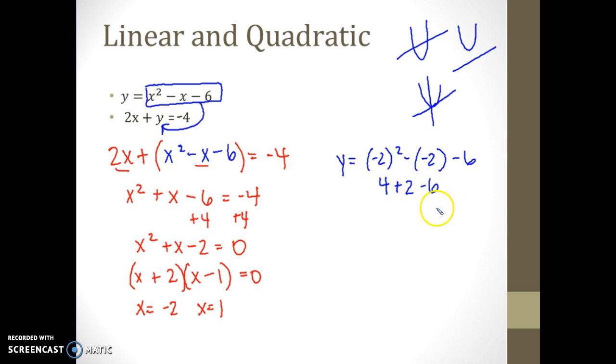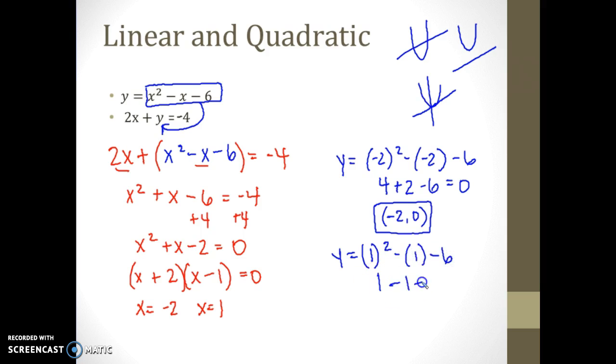So 4 plus 2 is 6, minus 6, 0. So one of my answers is negative 2, 0. For the second one, I'm going to plug in 1. So we get 1 squared minus 1 minus 6. So 1 squared is 1. 1 minus 1 is 0, minus 6 is negative 6. So my second answer is 1, negative 6.